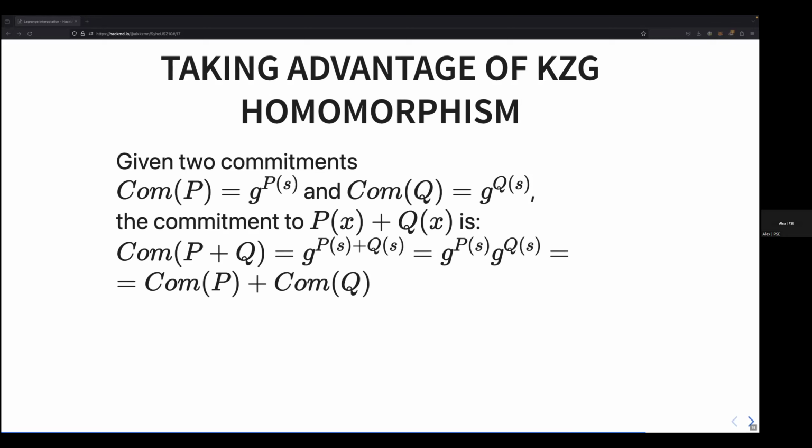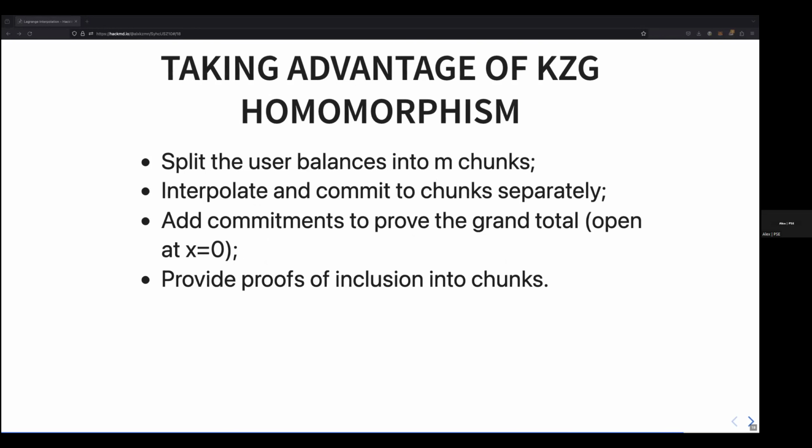making sure that each of those chunks is small enough to fit into the maximum possible Halo 2 circuit, let's say 2 to the 26. And then we can interpolate all those polynomials.